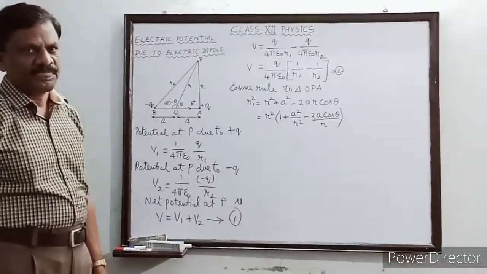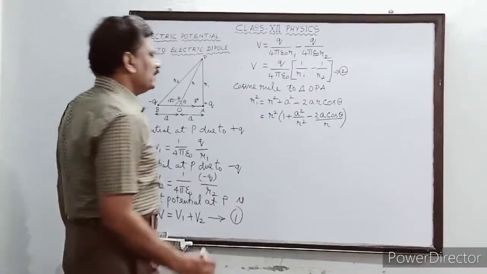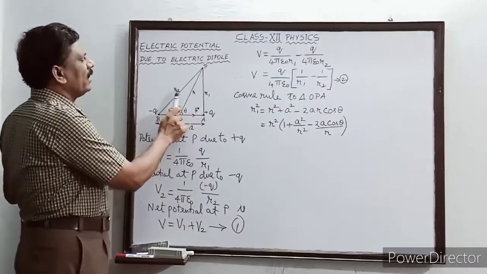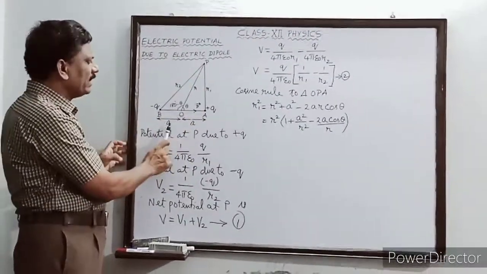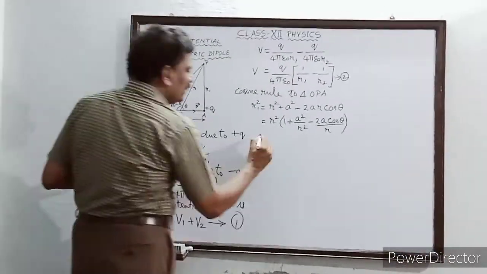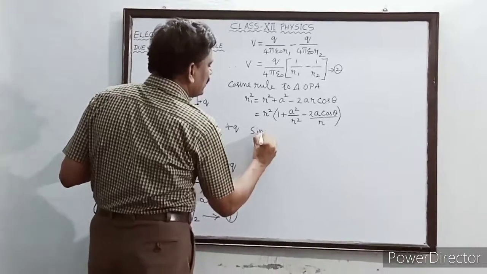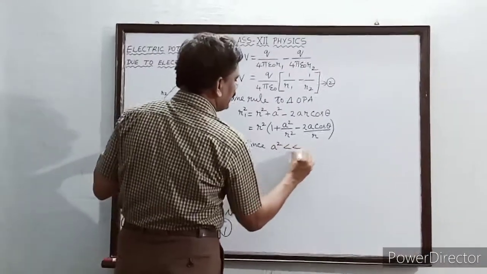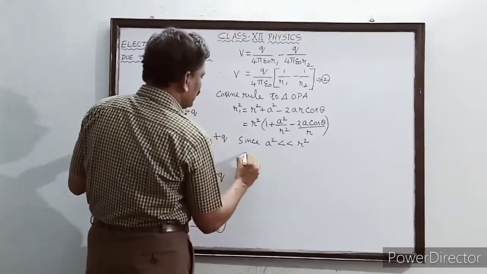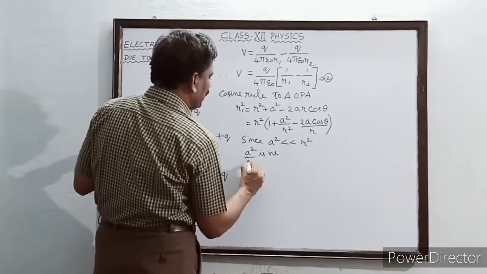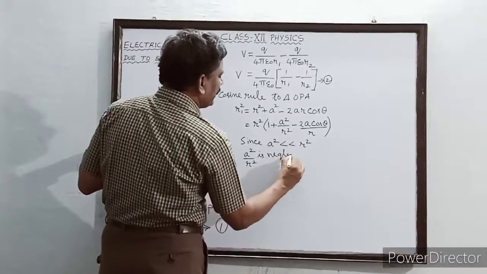Now in this picture you see that the distances R1, R and R2 are very large compared to the distance 2A as well as A. Therefore we can write like this: since A square is very much less than R square, A square by R square can be neglected. So this term A square by R square can be neglected.